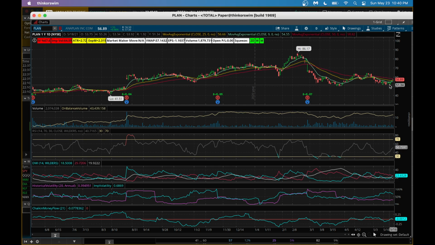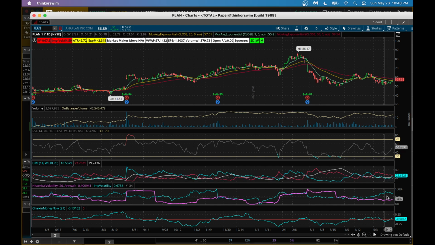So there may be a chance this stock might stay above. There is some bullish sign: on-balance volume is going up, RSI is trying to go up, and on the DMI chart the blue line is trying to cross over the red line, which is a good sign.